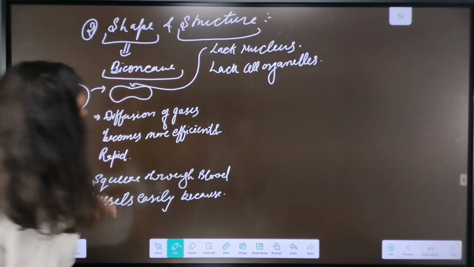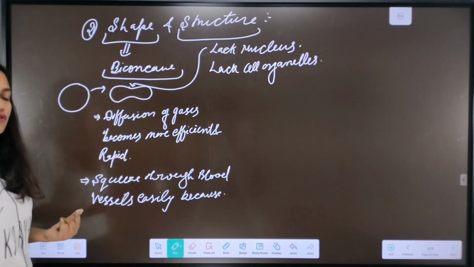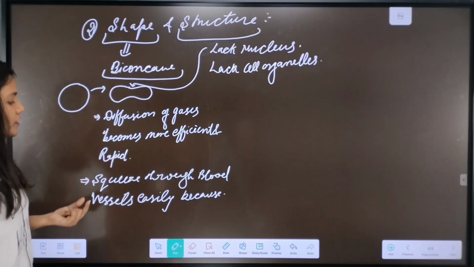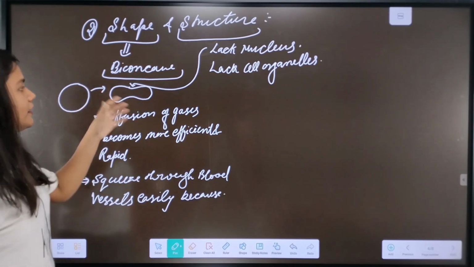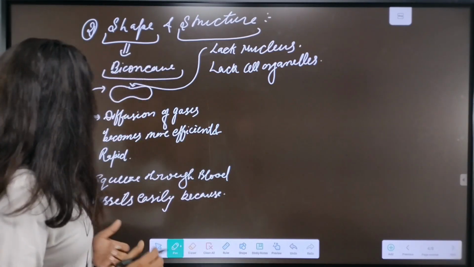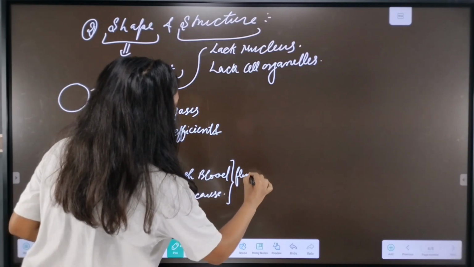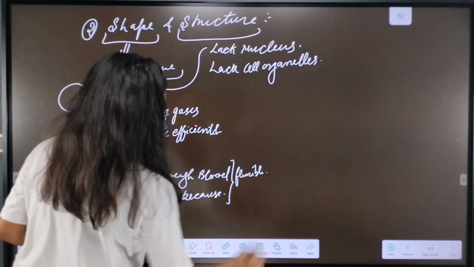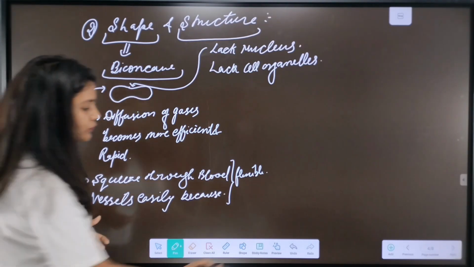Okay, so the biconcave shape gives them rapid and efficient diffusion of gases, and also helps them squeeze through the blood vessels. So ultimately this shape makes them more flexible, and that's why they are able to squeeze through even the very tiny capillaries.